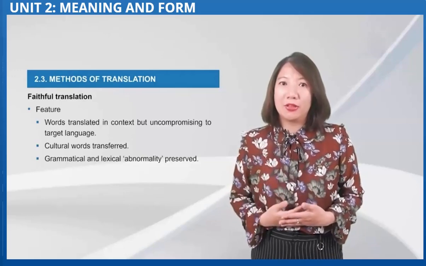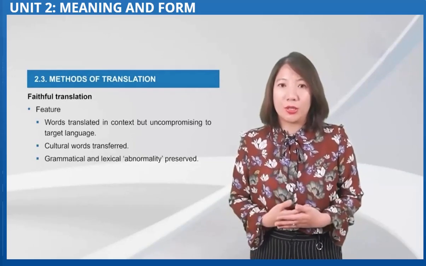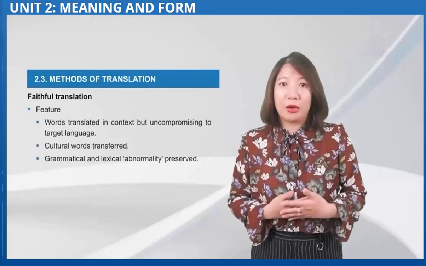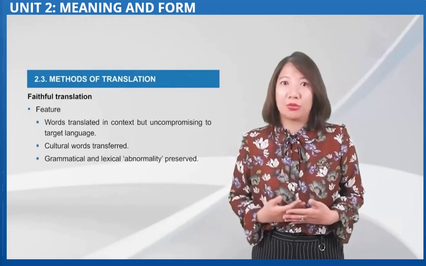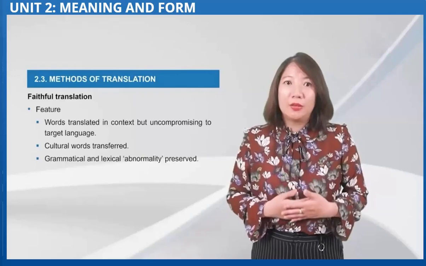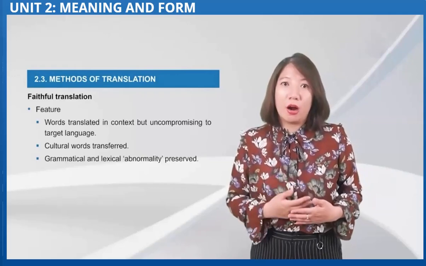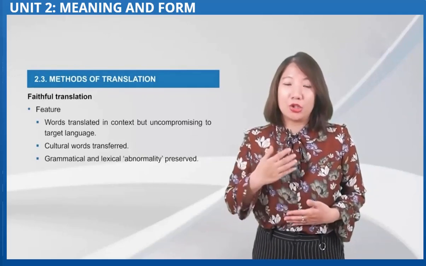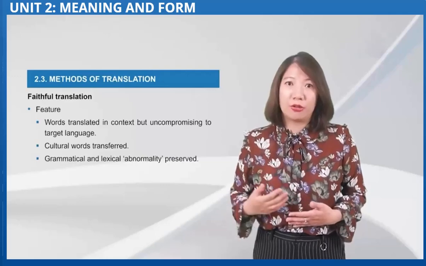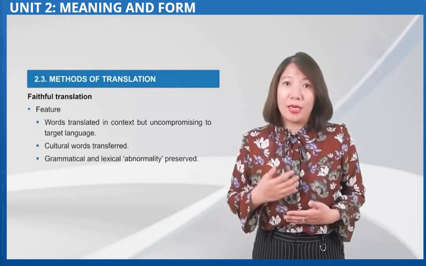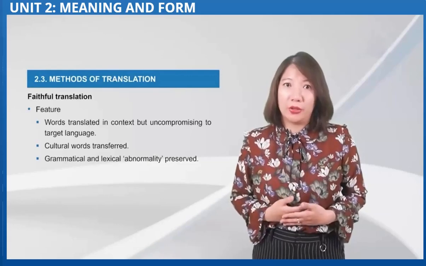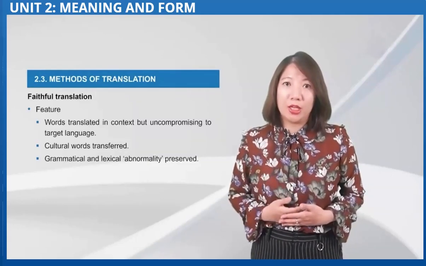It means that the translation and its language could be really dogmatic or unnatural. In terms of the cultural words, they are transferred, not translated literally anymore. The grammatical and lexical abnormalities are often preserved in faithful translation.